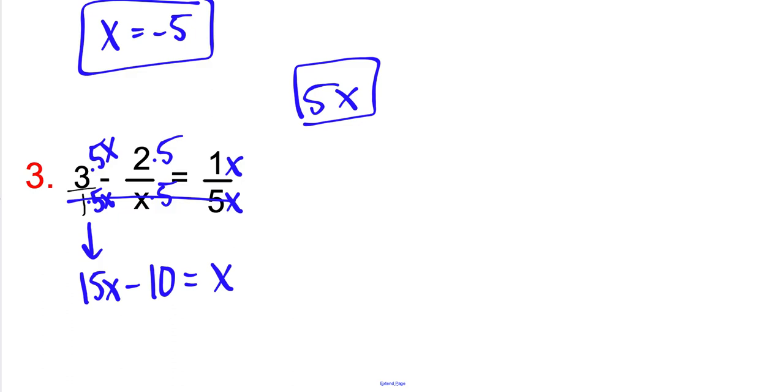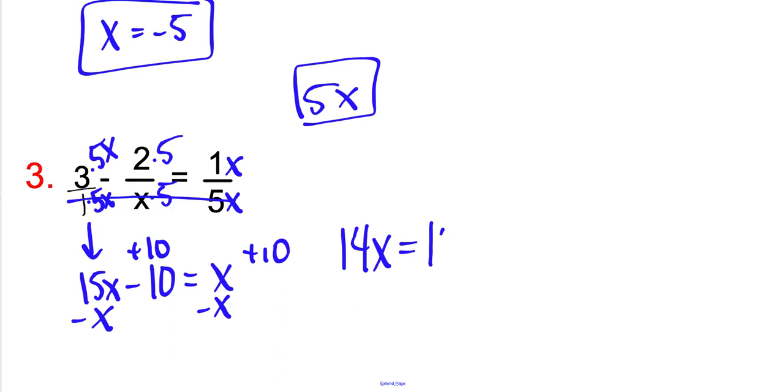And if we want to keep doing the way we did it before, we're going to put the x's on the left, put the number on the right. So let's move this 10 over here and move the x over to the left. So we'll have 14x equals 10. And then we'll have to solve this. So divide by 14, and then simplify that down.